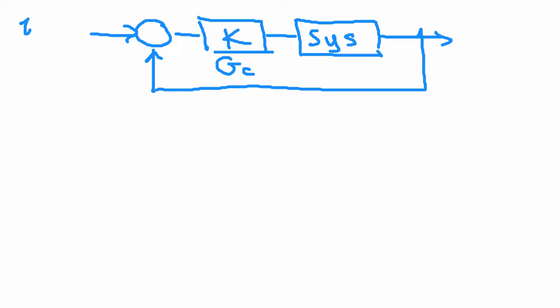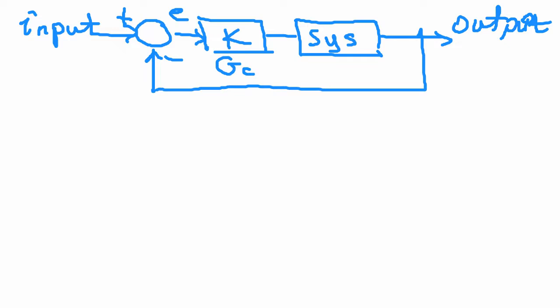That's input. This one is output. Okay. So this is plus, that one is minus. That one is error. We already know that.